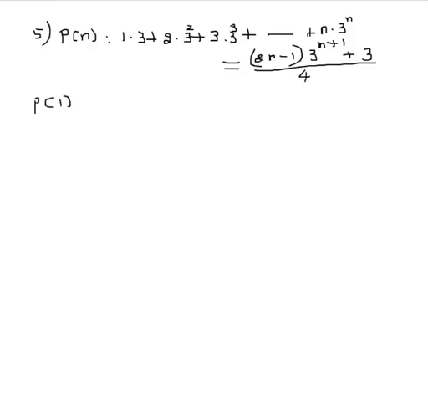So p of 1, here in p of n, this left hand side has n terms, but p of 1 will have only the first term, only one term.